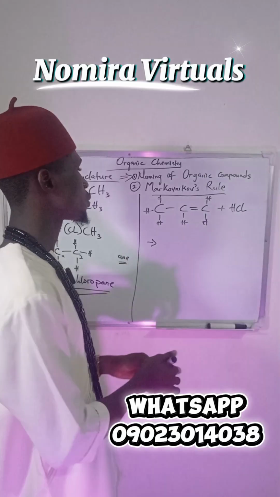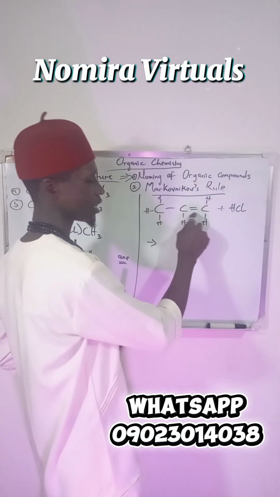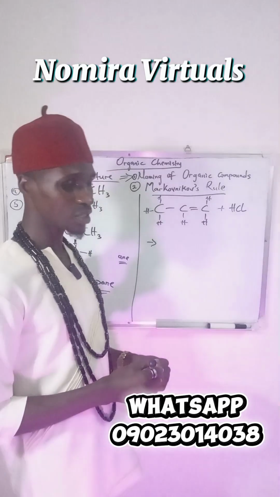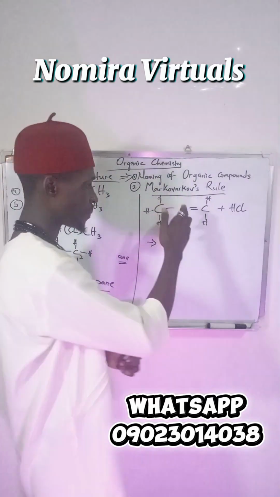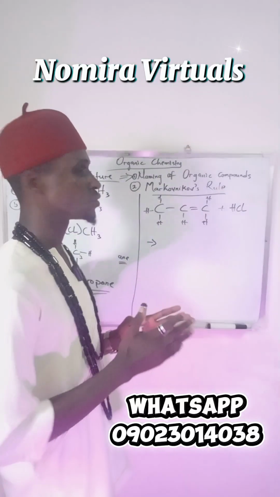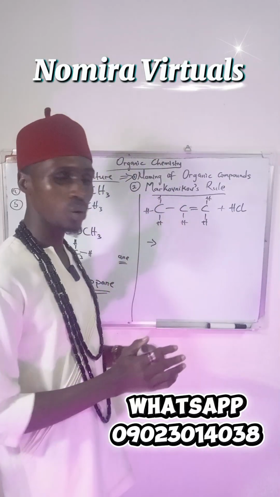All right. So because the alkene is unsaturated, we are going to break the bond. The pi bond will break to leave us with single bonds, right?